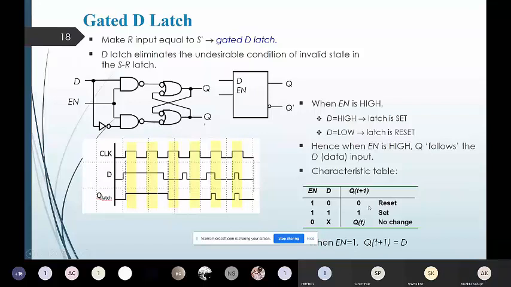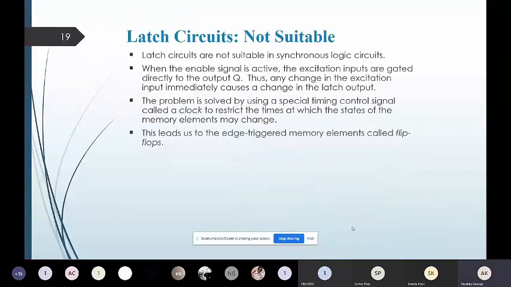But if the enable input is 0, then whatever your input may be, it will not get transferred to the output of that latch. That's why we commented in the last lecture that latch circuits are not suitable for being synchronous logic circuits.